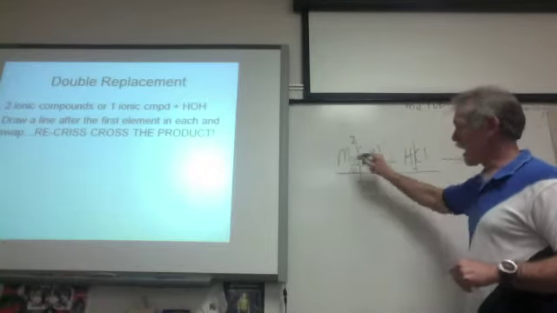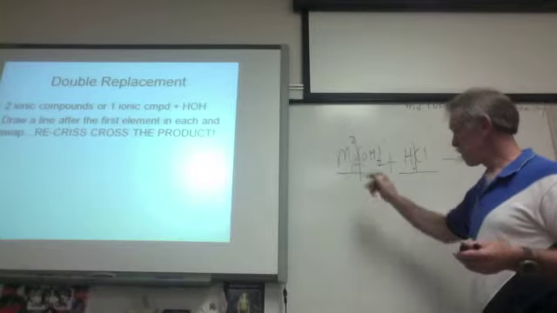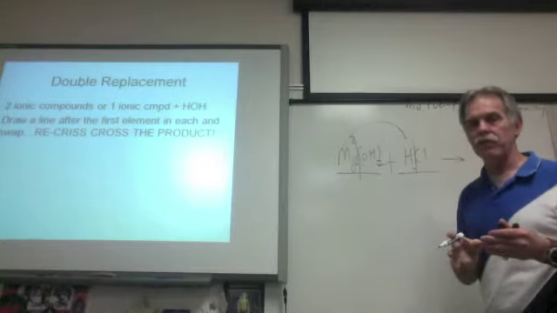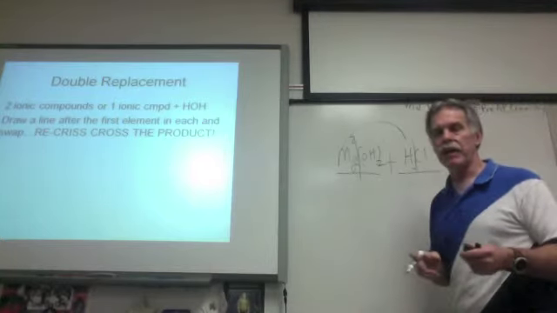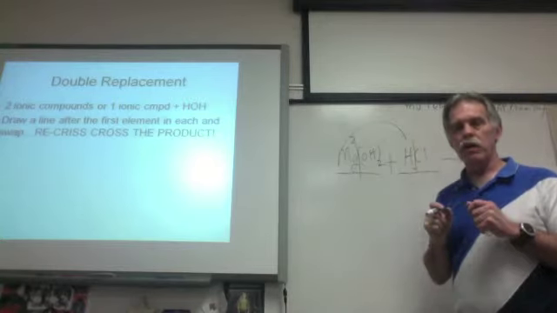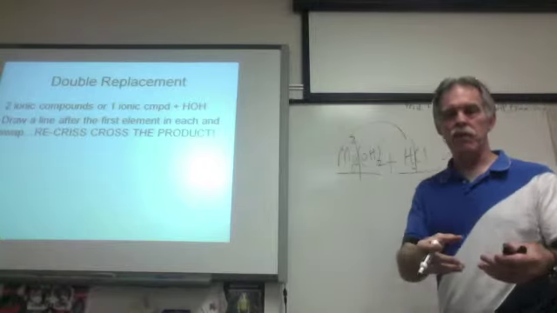So we draw a line after the first capital letter, including the whole symbol, and that would be Mg and H. Mg and H, we do not look at the activity series of metals. On the test, I've got a little statement in the instructions. It says consider all double replacements to occur. Because I'm going to give you some that do occur.